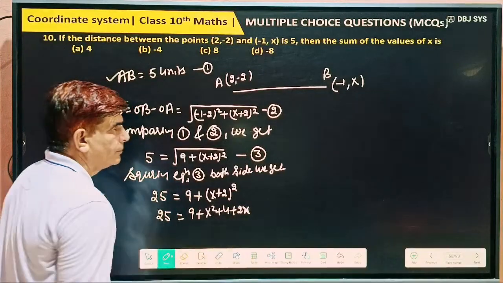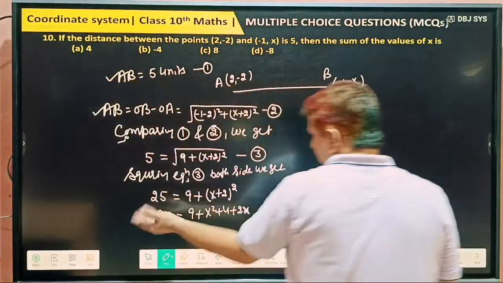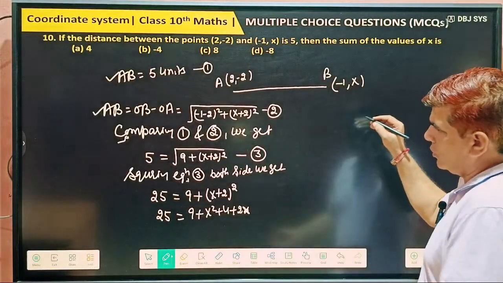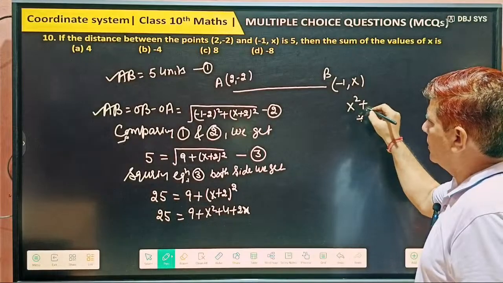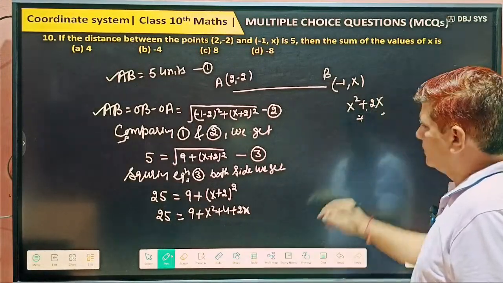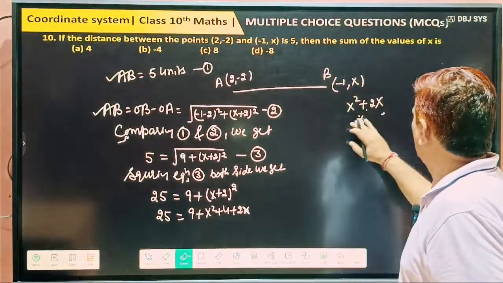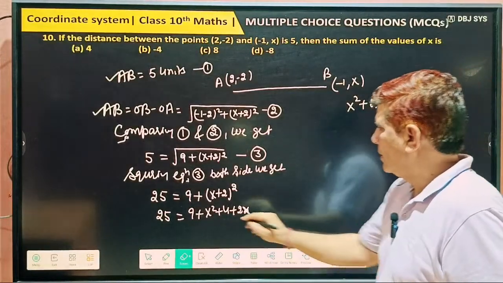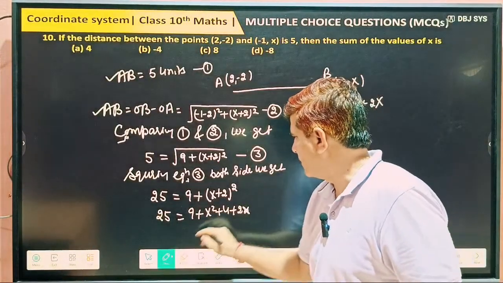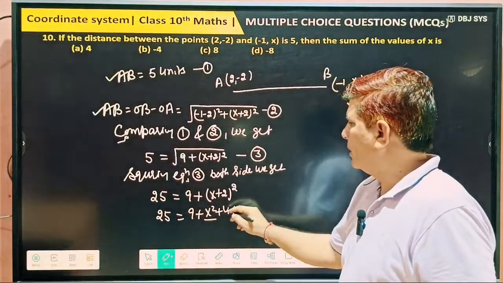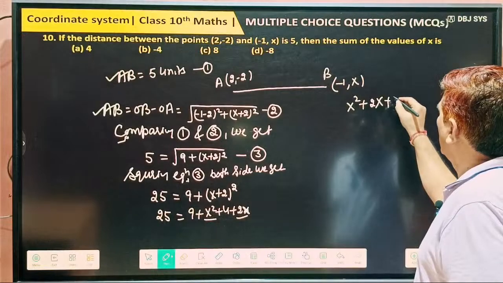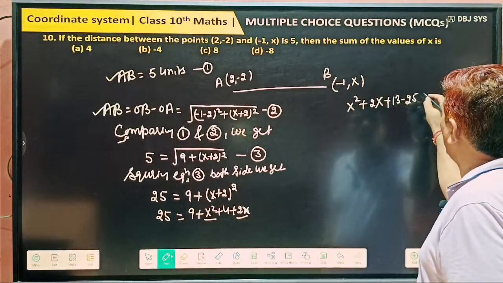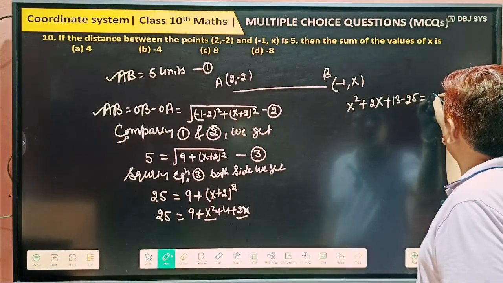Now transferring 9, or bringing 25 to this side, how can we write? x square plus 4x, x square plus 4x. I have written this: 9 plus 4 is 13, plus -25 equal to 0.